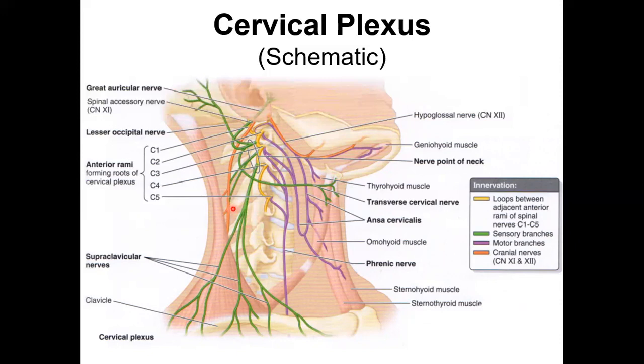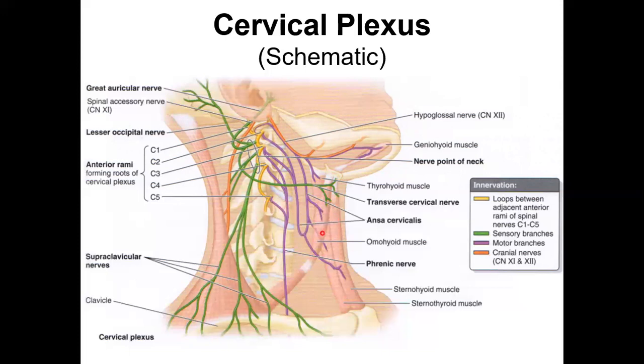You can see how these green branches are all sensory branches that we've already talked about. So here's your supraclavicular nerves coming down. Here's your transverse cervical coming across the neck. And then here's your greater auricular and your lesser occipital nerves. You can see here the yellow loops are the loops in between each of the rami that are just connecting those fibers together.